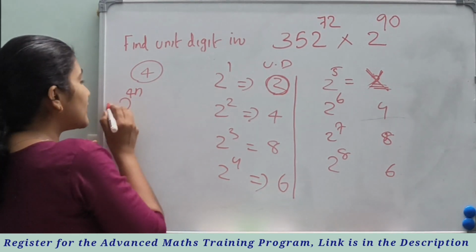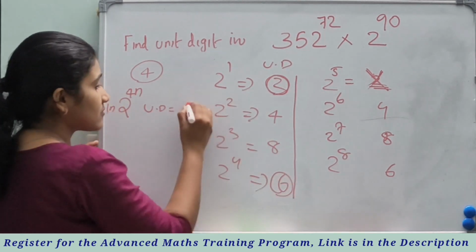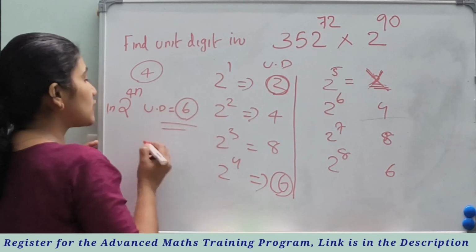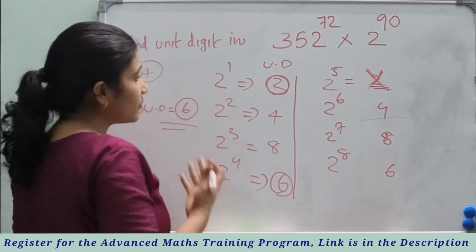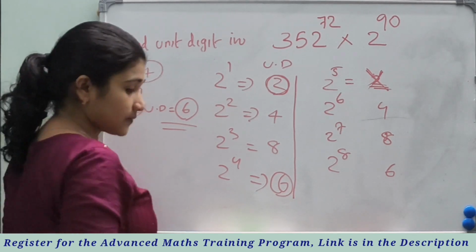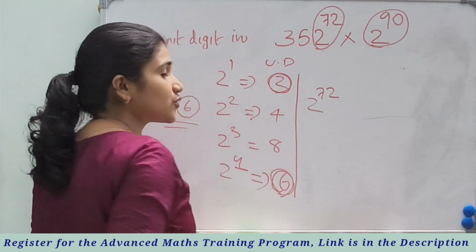That is, the unit digit in 2 raised to 4n is 6, which means you can solve this question with this 2 raised to 4n concept. Now we can find the unit digit in 2 raised to 72 and in 2 raised to 90.